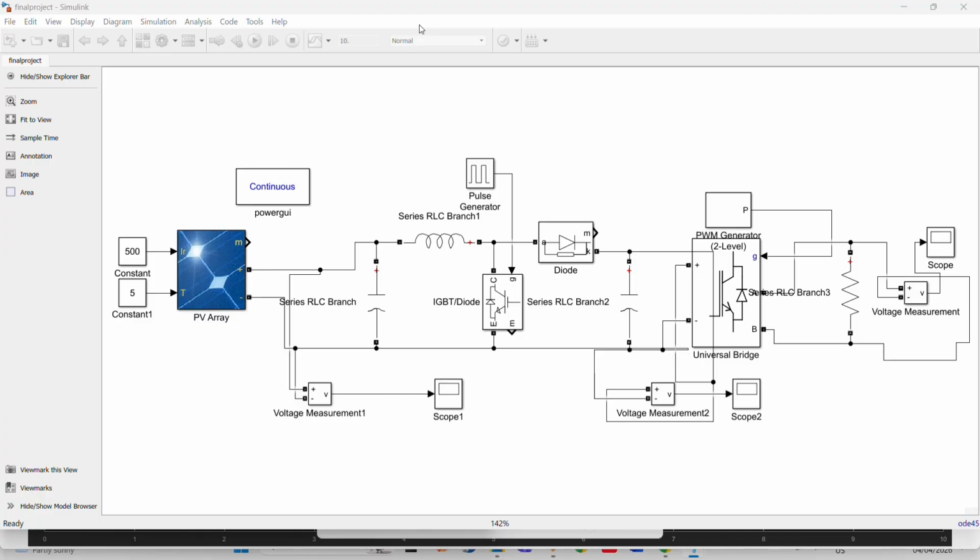As you can see in this circuit, these are the circuit design elements. It includes the solar power generation with integrating elements such as PWM generators, diodes, IGBTs, capacitors, and a graphical user interface to control the inverter and boost converters, temperature, and irradiation constants.